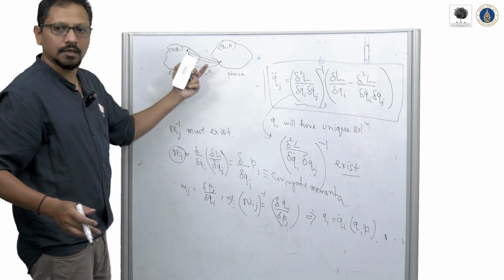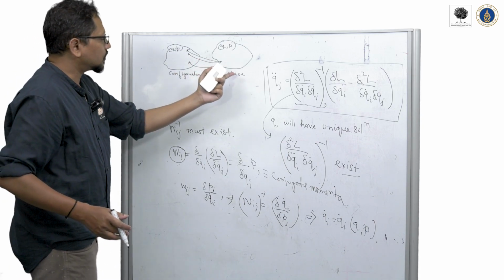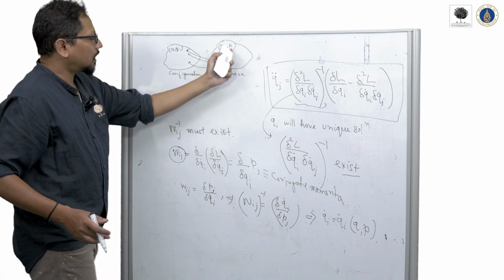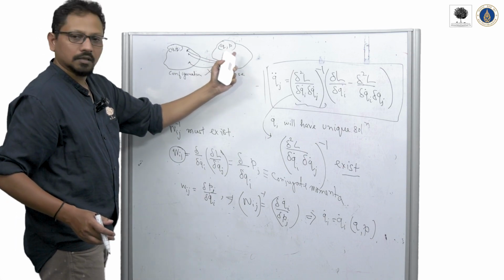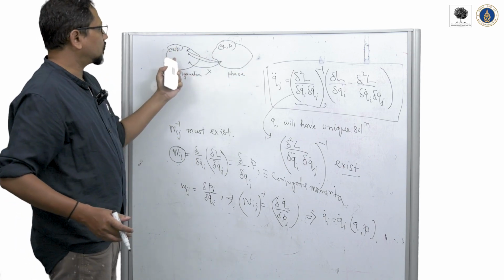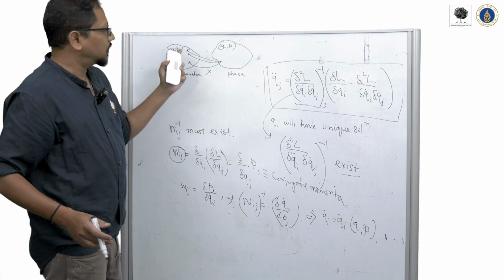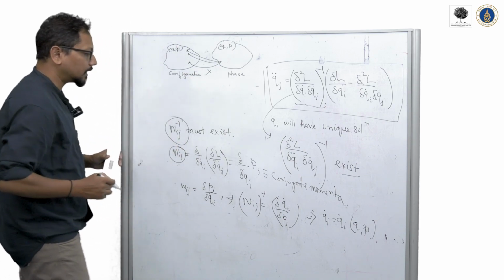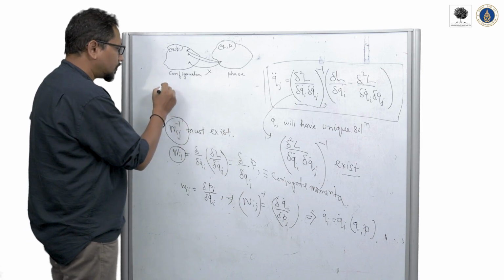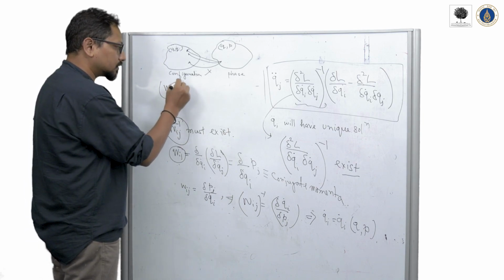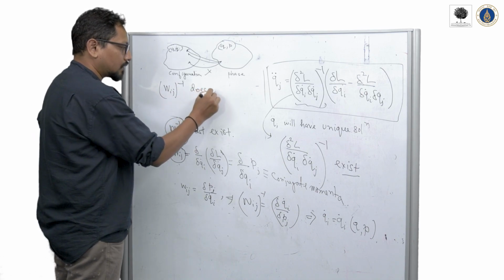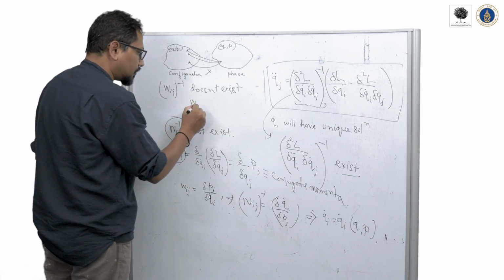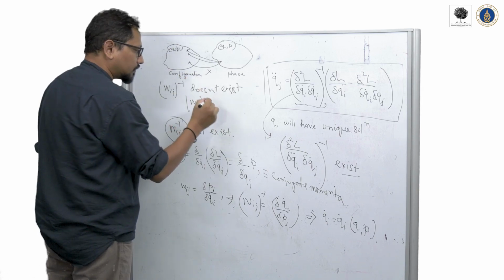So pictorially, perhaps it looks like this, that for each momentum or position in the phase space, you do not get a unique coordinate in the configuration space. This can also be seen from this matrix. Wij, whose inverse doesn't exist, means the determinant of Wij is 0.